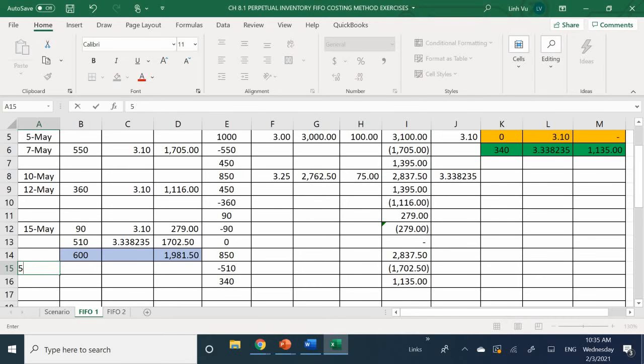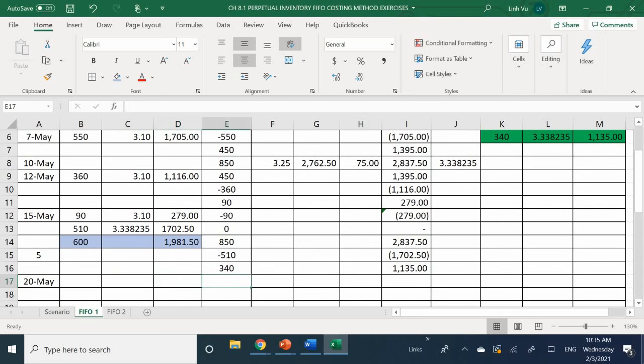All right, I'm going to skip down here. May 20th. I'm going to recognize that I purchased 300 items at $3.50, with a freight of $20.